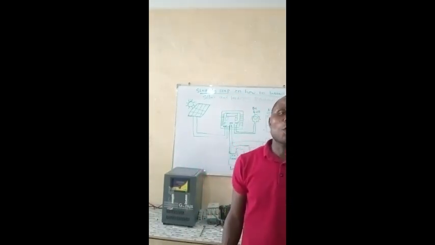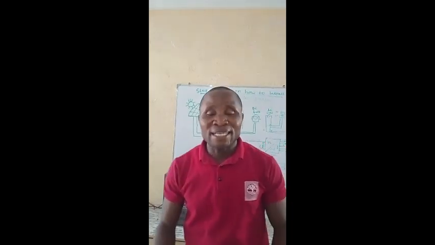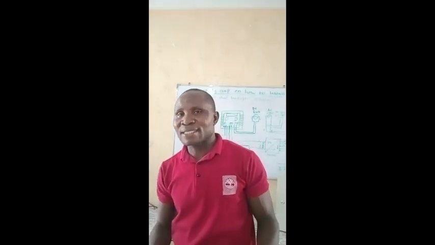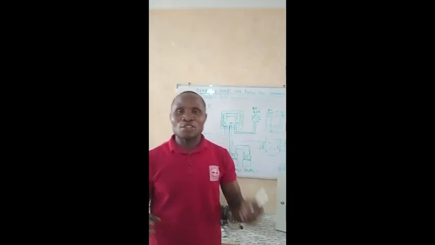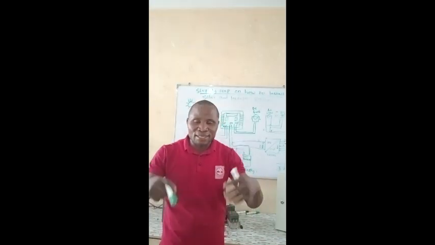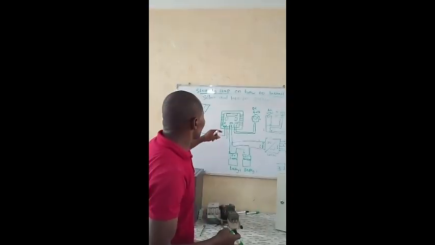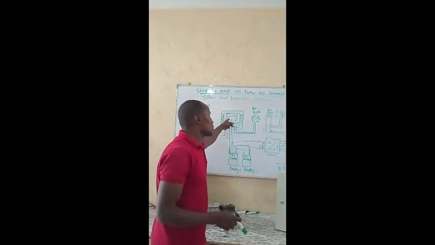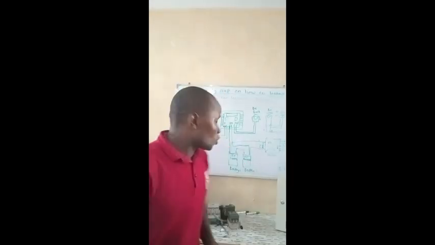This breaker box is so important. It is the hub of the electricity, and serves as the protective device for the inverter, the charge controller, and the appliances in the house. Because the power will go through it before it gets to the charge controller.